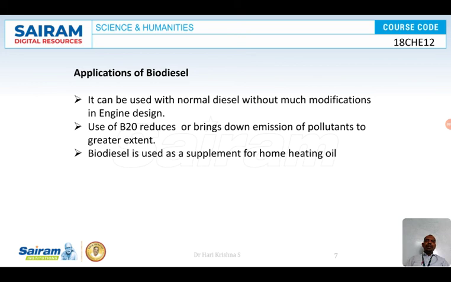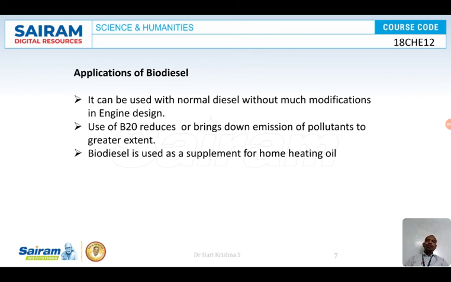Biodiesel blends vary from B20, B30, B40 to B50. What is B20? 20% biodiesel, 80% normal diesel. B30 is 30% biodiesel, 70% normal diesel. B40 is 40% biodiesel, 60% normal diesel. B50 is 50% biodiesel, 50% normal diesel.